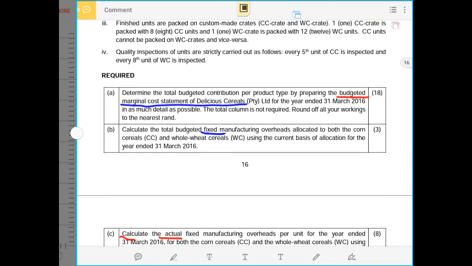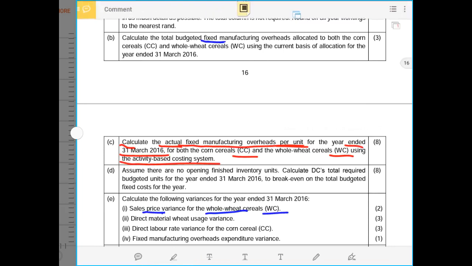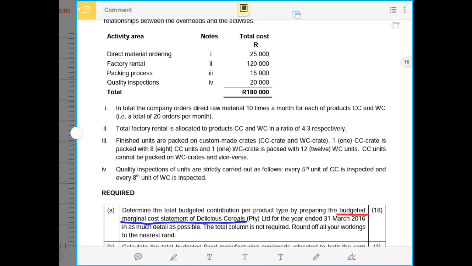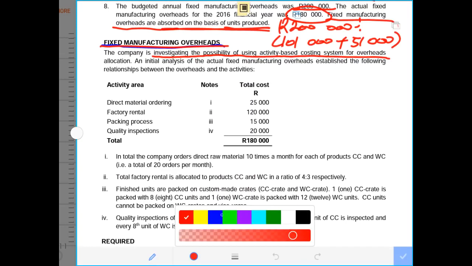Now we are required to calculate the actual fixed manufacturing overheads per unit for the year that ended on the 31st of March 2016, for both CC and whole wheat using activity-based costing, ABC.